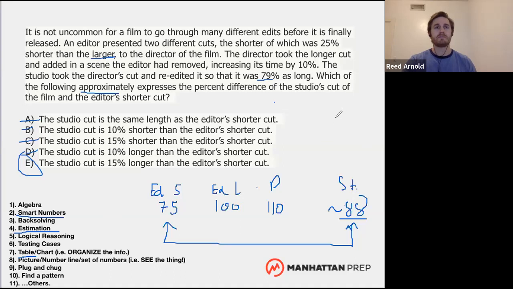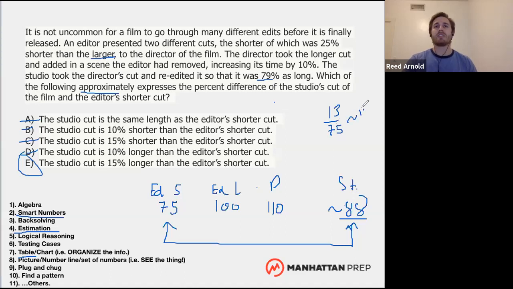Okay. 13/75. That's the 13-minute difference from the editor's shorter cut to the studio cut. You could say that's about, what's a multiple of 75 near this? 50, 26, 52, 65, 78.